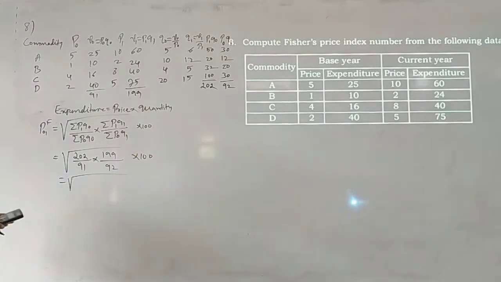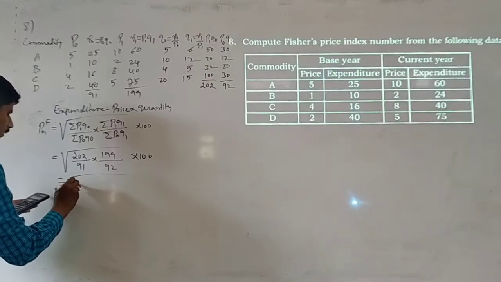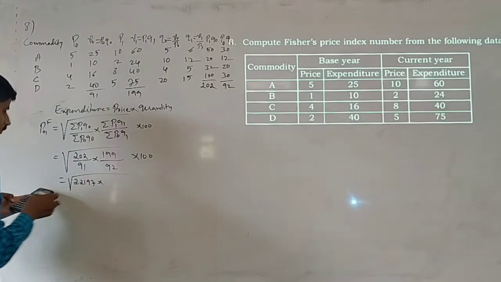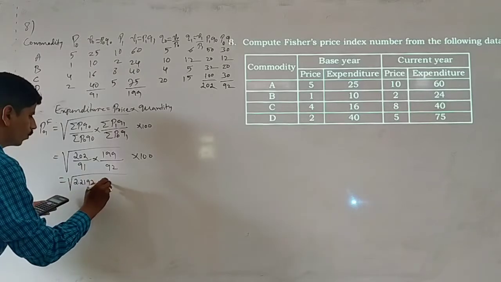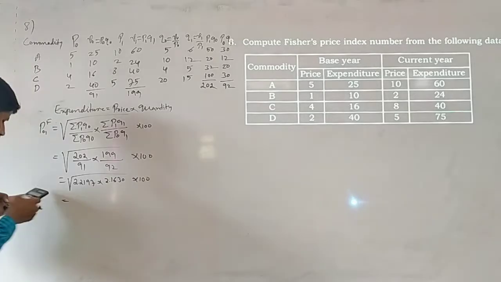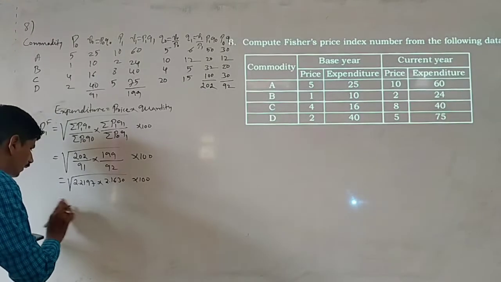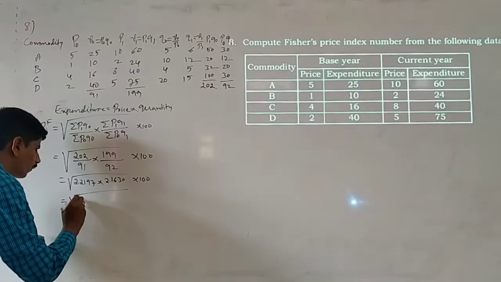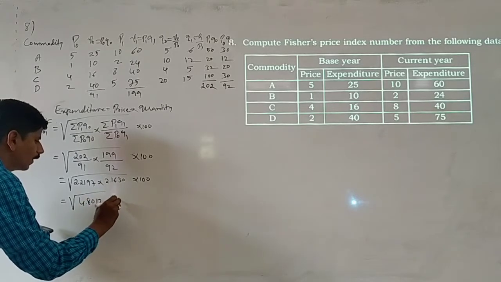Under root of 202 divided by 91 is 2.2197, into 199 divided by 92 is 2.1630, into 100. Here 2.2197 into 2.1630 is 4.8012, under root of 4.8012 into 100.